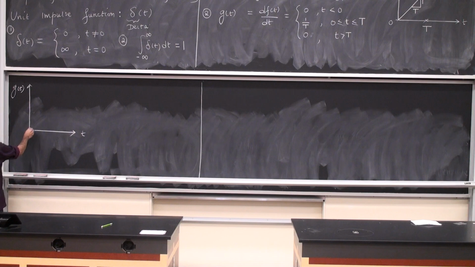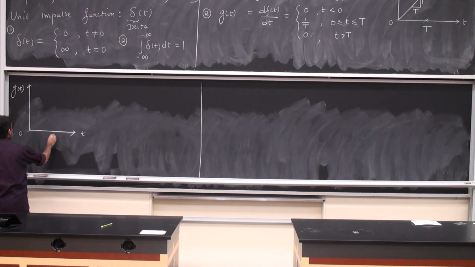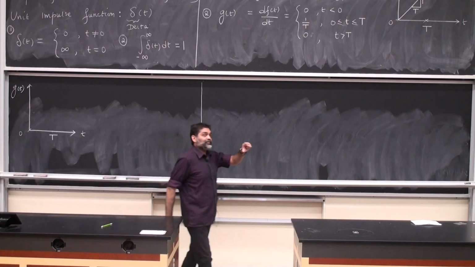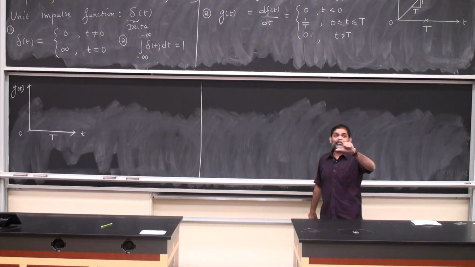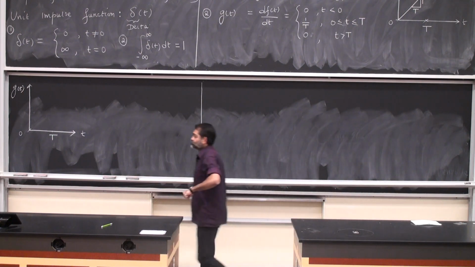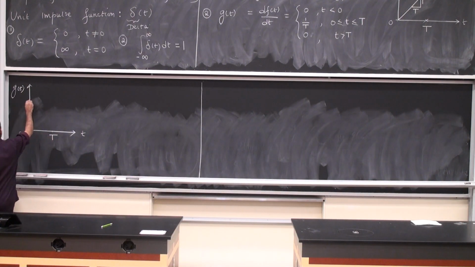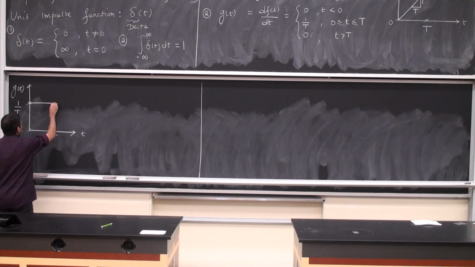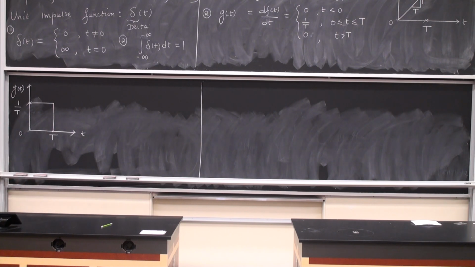Okay, start at 0. This is capital T. Between 0 and capital T, what is the magnitude of this function? It is equal to 1 by T. Stays the same. And right after t becomes greater than capital T, it has a value of 0. Right?